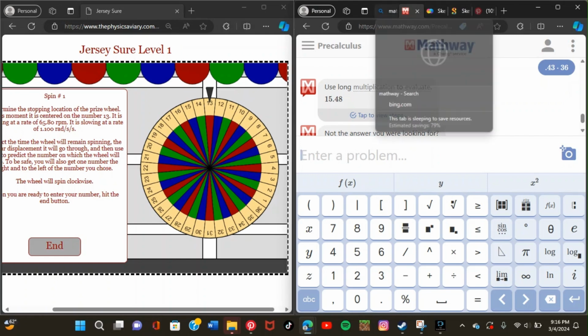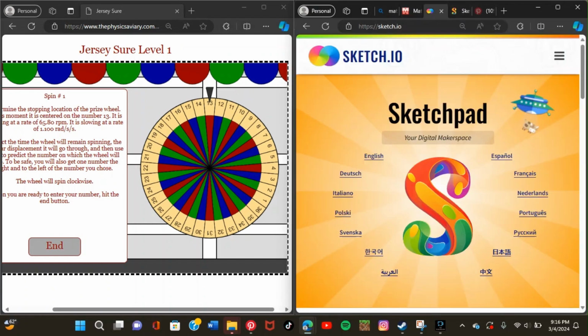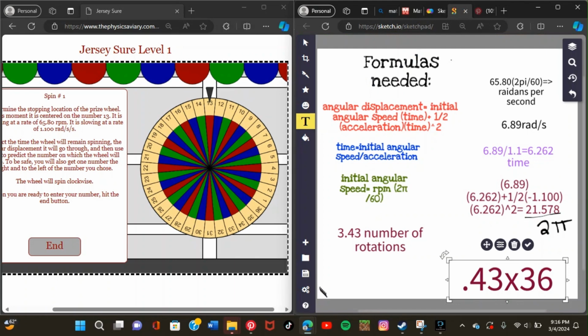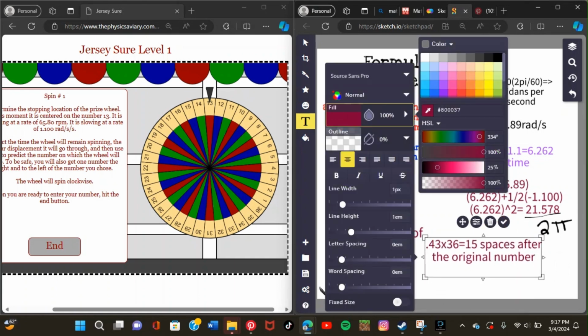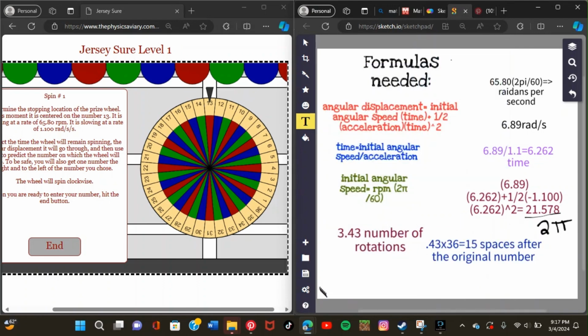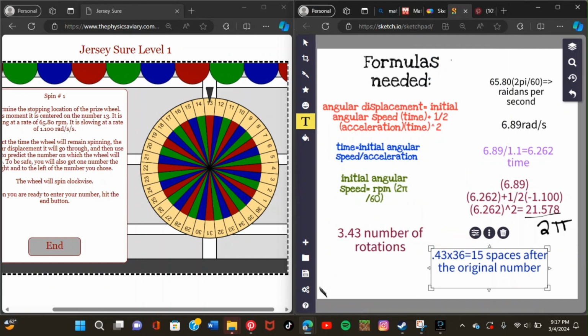So 15. Sorry, 15. This is spaces. This equals the number of spaces after the original number. Let me change the color. Okay, so we have this.